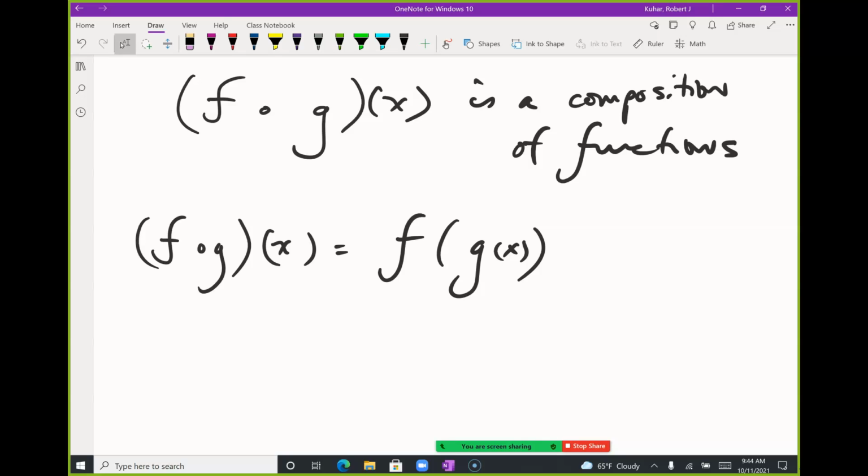And it's really important in Calc 1 that I can see the inside and the outside function. Right? So our inside used to just be input. Well, now it's the output of a function that we put inside, right?